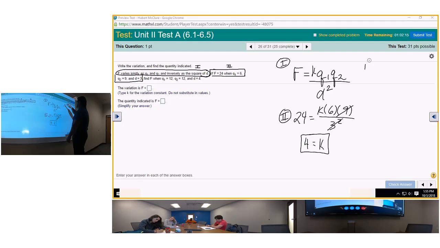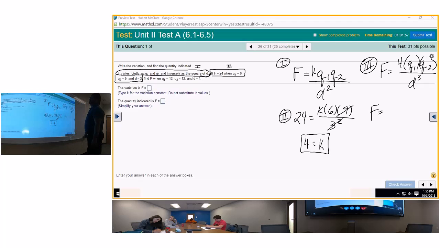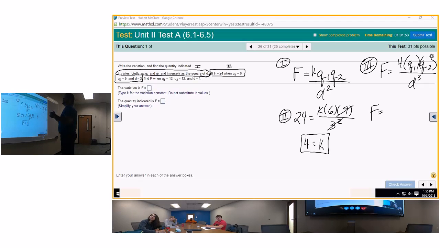Part 3. F is equal to 4 times Q sub 1 times Q sub 2 divided by D to the 3rd power. So F is equal to 4 times, okay, F when Q is 12, 12 times 12 over 4 squared. So 4 times 12 times 12 over 4 squared.